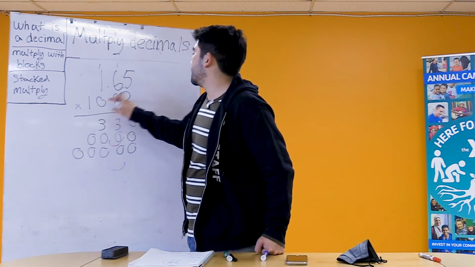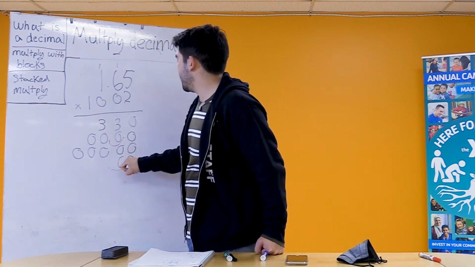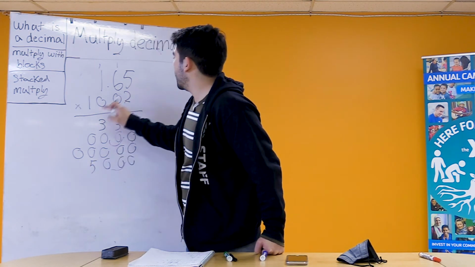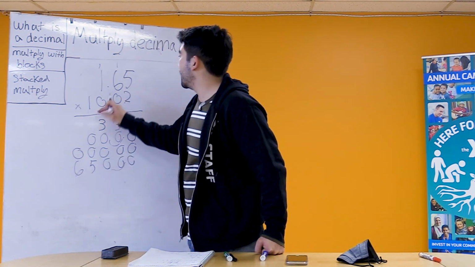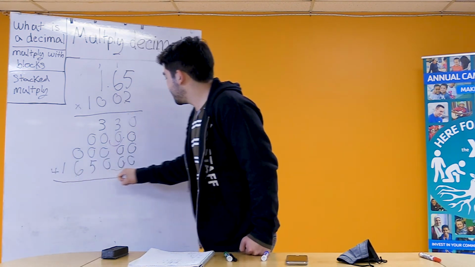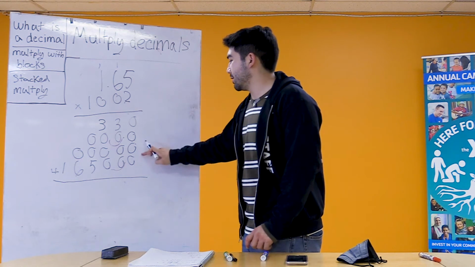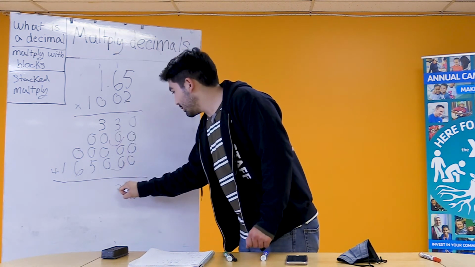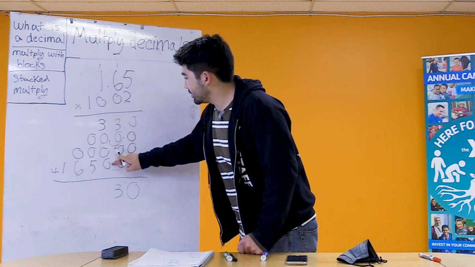And finally, 1 times 5. Oh, let me add my zeros first. 1 times 5 is 5. 1 times 6 is 6. 1 times 1 is 1. And then we're going to add it up. It's going to be 0, 0, 3, 0, 0, 0, then 3, 3, 0, 0, 0.